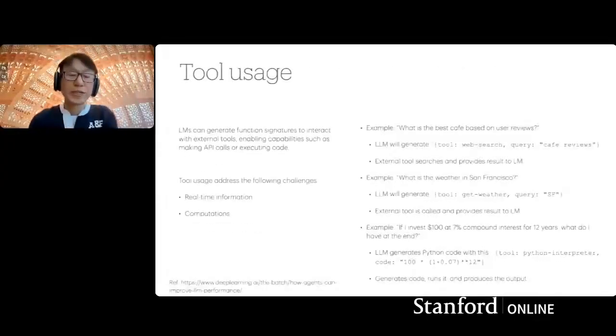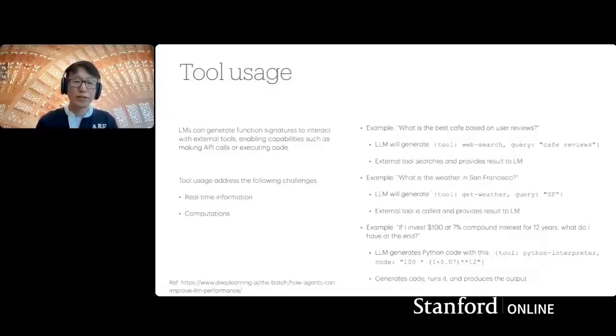All right, tool usage. Language models, in their most widely used form, are text in and text out, which means they could answer many types of queries. However, they're not going to execute or extract information from the external world.